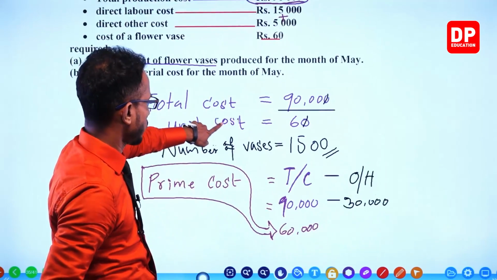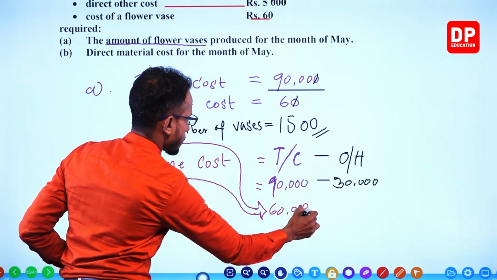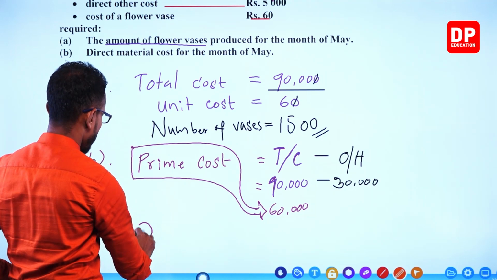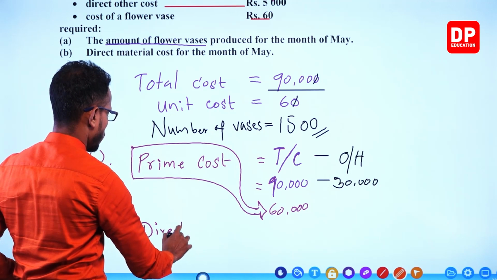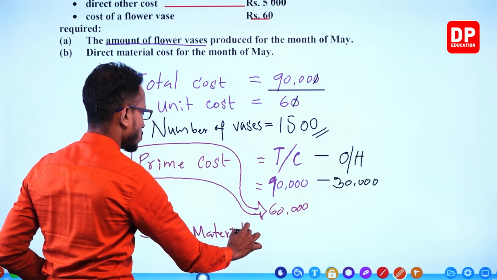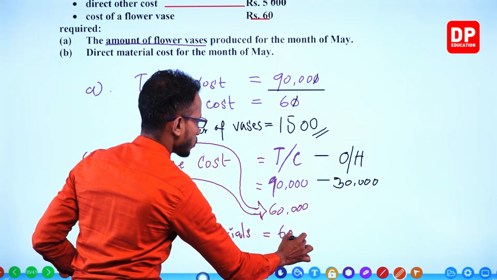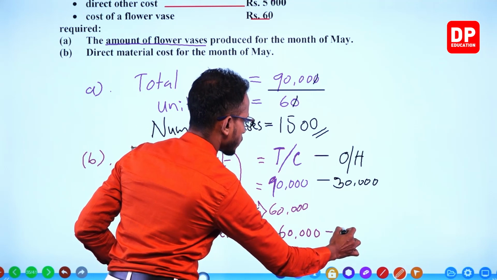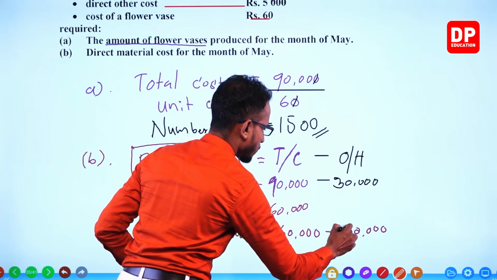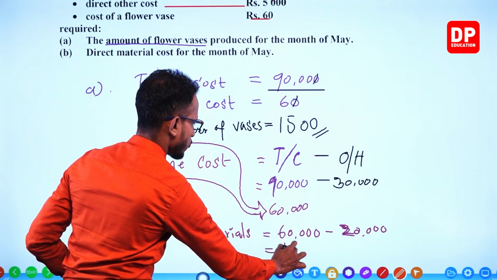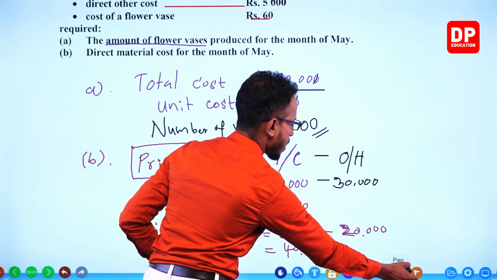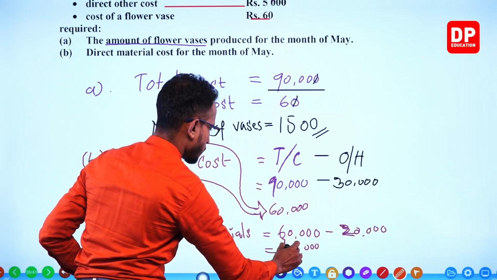You subtract 20 from this to calculate direct materials cost. 60,000 minus 20, you subtract 20 from 60. And the answer is 40,000. Got it?